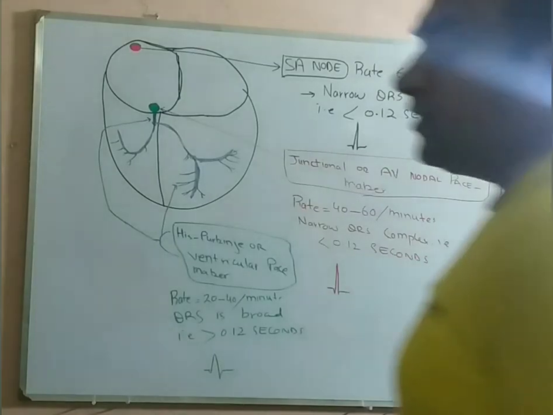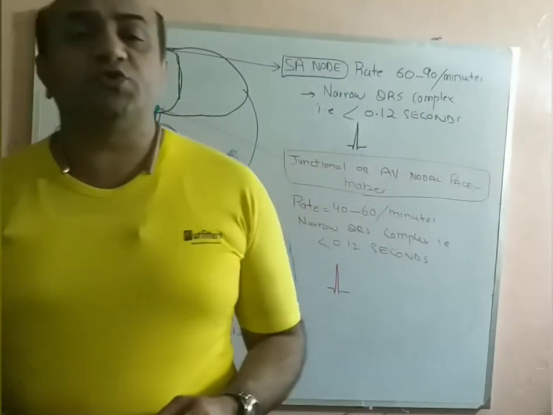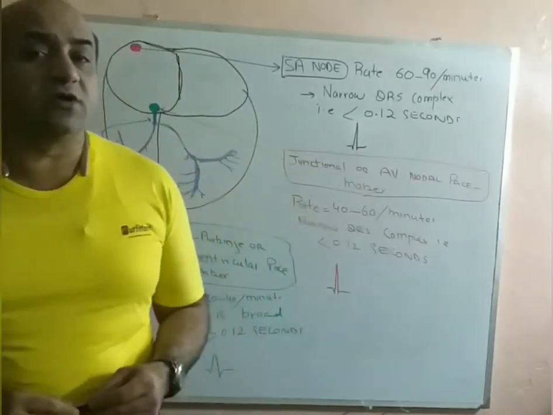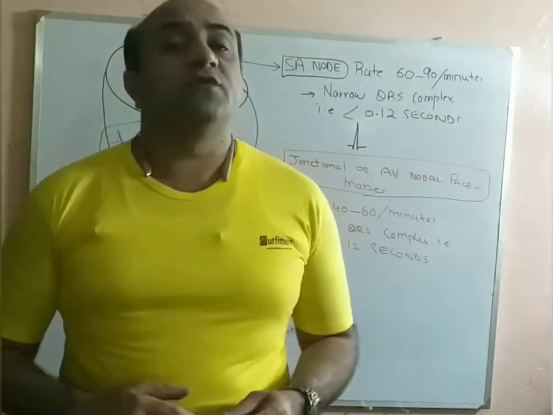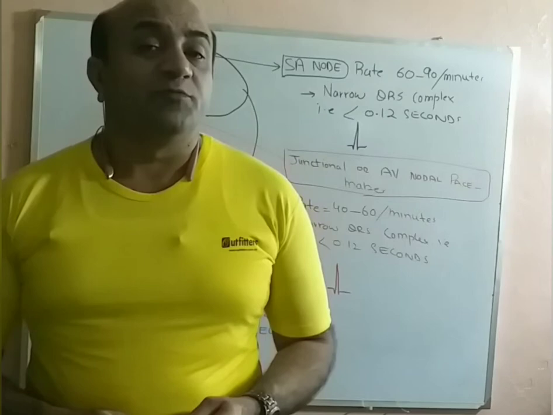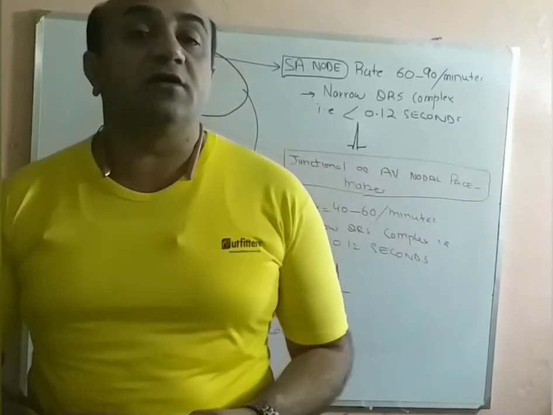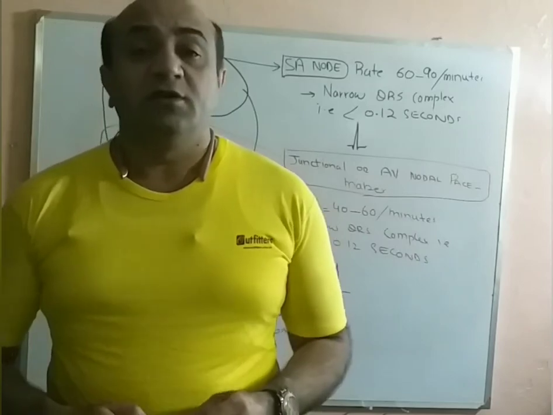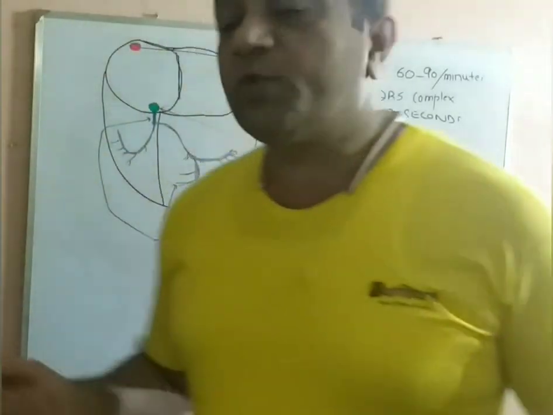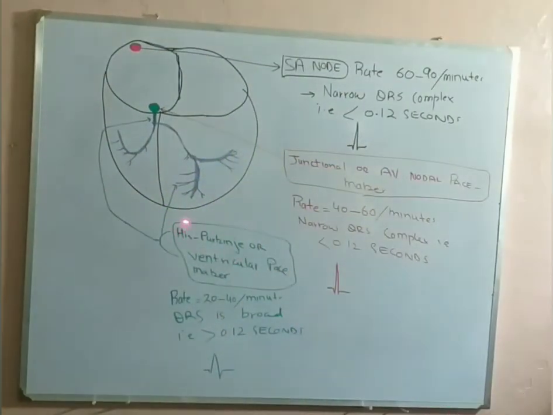But if there is a situation to sustain life as a last resort, if both of the above pacemakers cannot function to sustain the heart or to run the ventricle, then the ventricle has its own pacemaker, which we call the His-Purkinje or ventricular pacemaker.